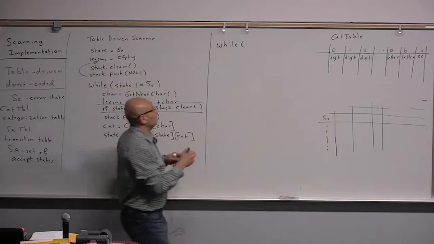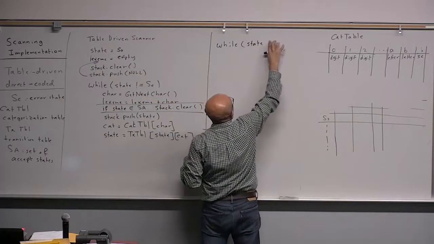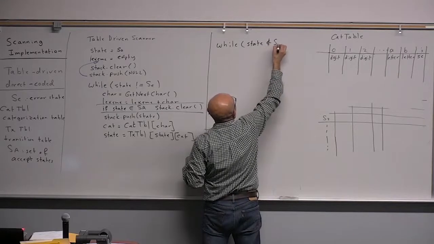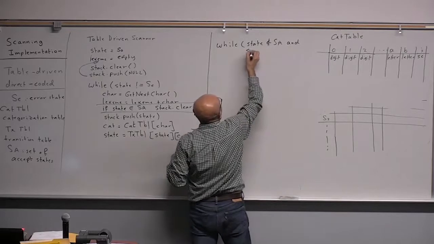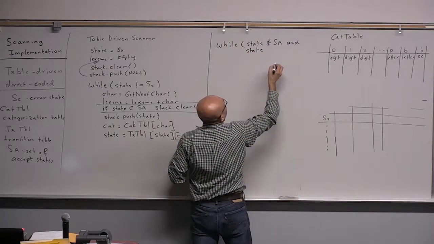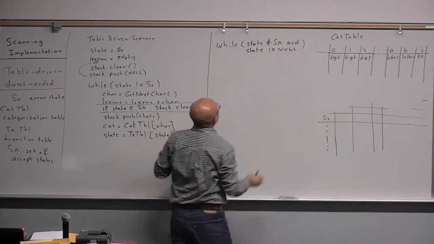So while state does not belong to SA, is not an accept state, and state is not equal to null, we keep looping.